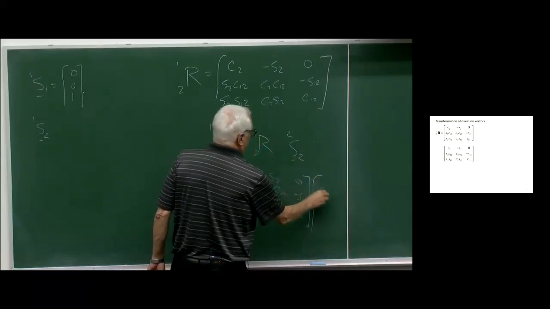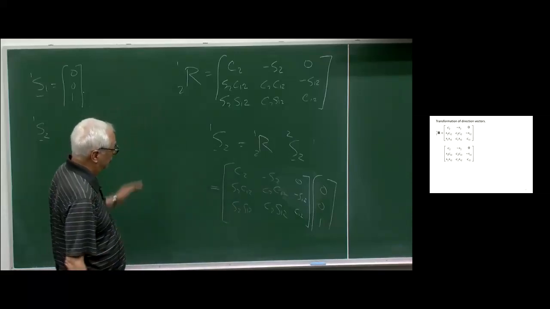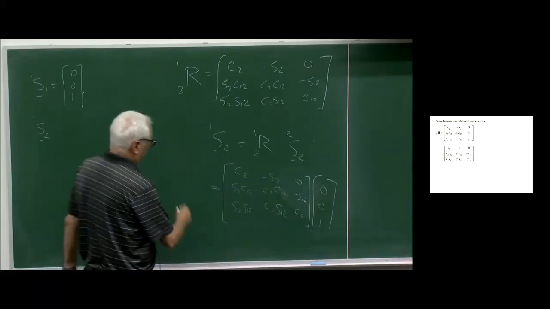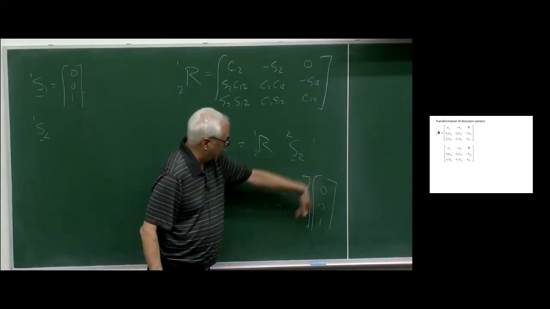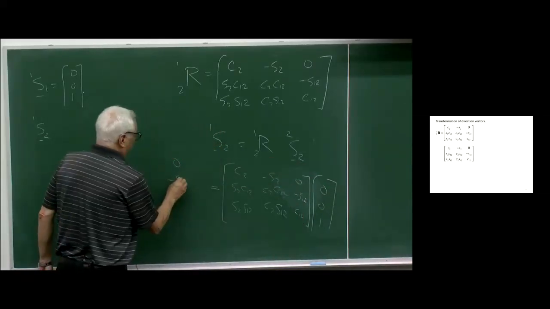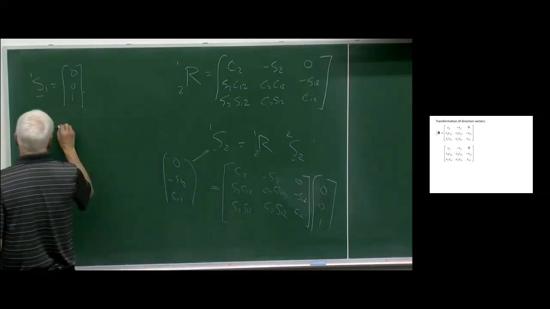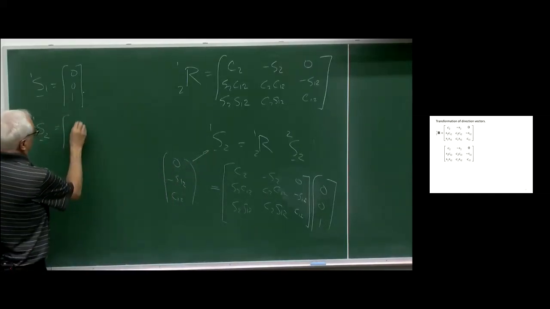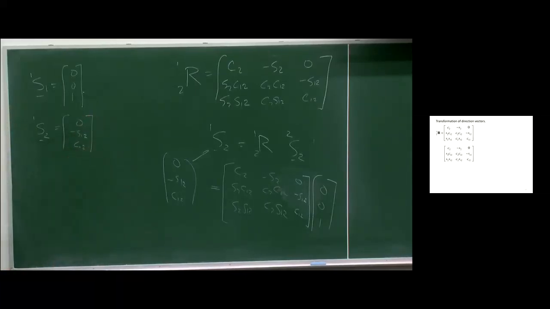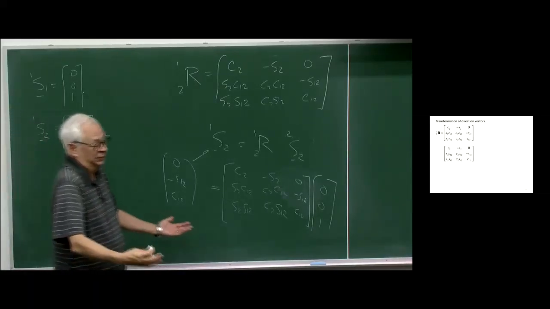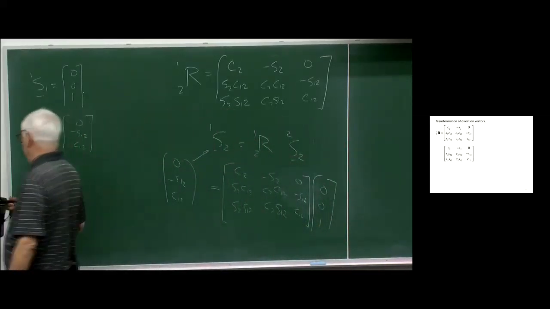Okay, S2 in the second is 0, 0, 1. So when we go for S2 in the first, it's row by column, so we get a 0. And then row by column, basically we get that last column. All right, so that's S2 in the first, so no big deal. 0 minus S12, C12. And again, this isn't very hard, but it's not real exciting either, but we're just going to go for it. Just keep going all the way through S7.